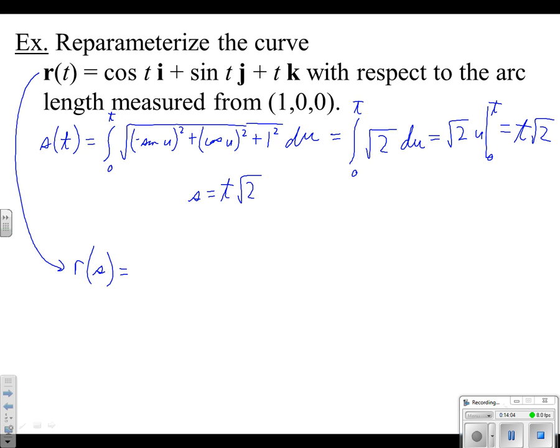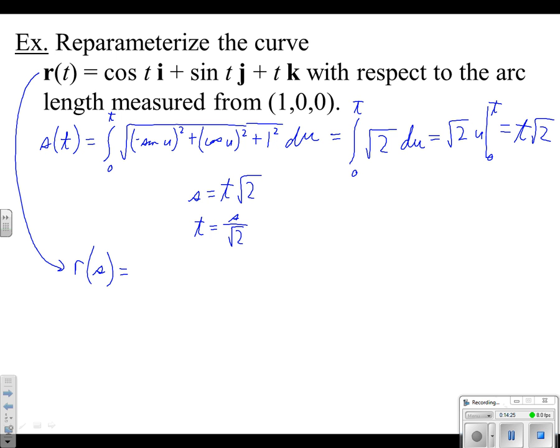As we said, to reparameterize a vector function, we basically need to do a simple substitution to take one variable and replace it with the other. So that's exactly what I'm going to do. If s is equal to t radical 2, doesn't that mean that t is equal to s divided by radical 2?